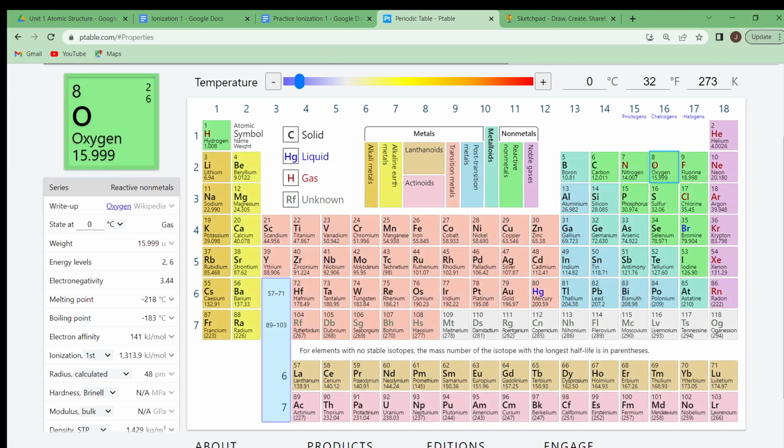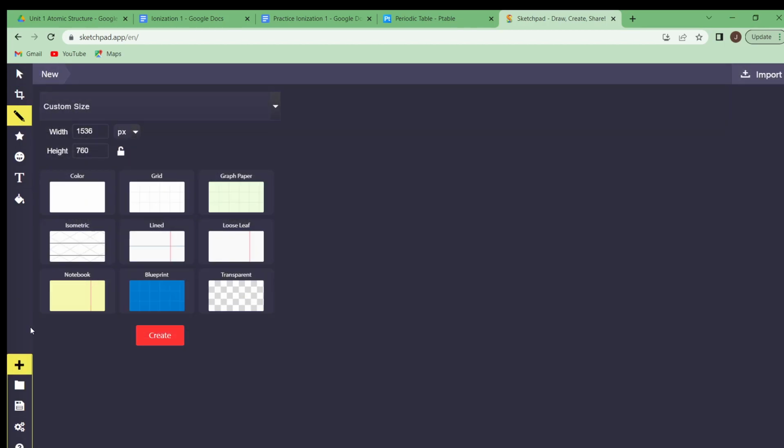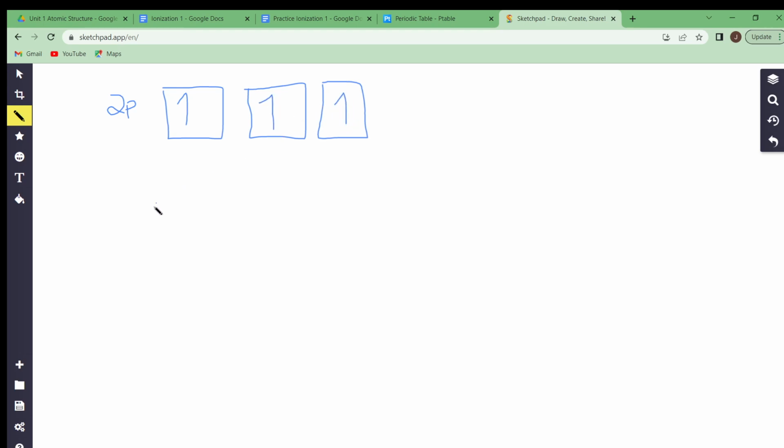I want you guys to take note that nitrogen, phosphorus, and arsenic all sit in the 3rd of their p orbital. Okay, so they're all in the 3rd of their p orbital. Since they're all in the 3rd of their p orbital, that means all of them are going to have a diagram that ends very similar to this, where they're going to have 3 up arrows.